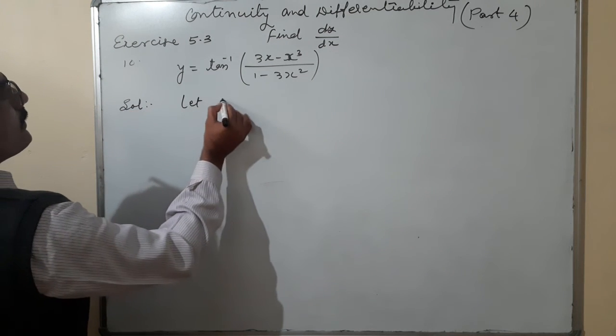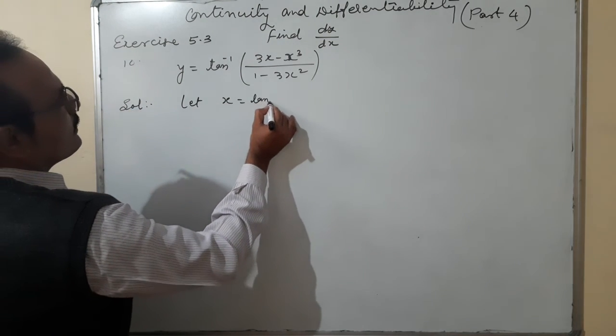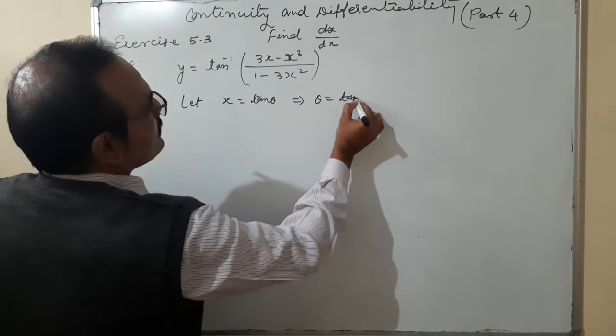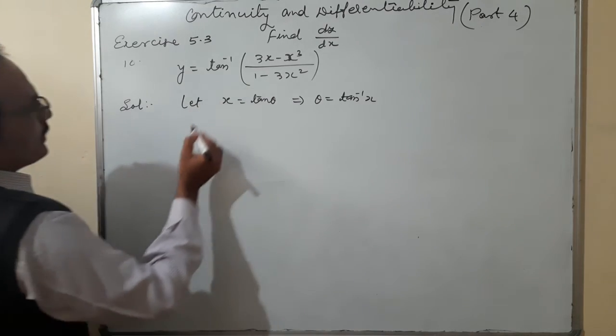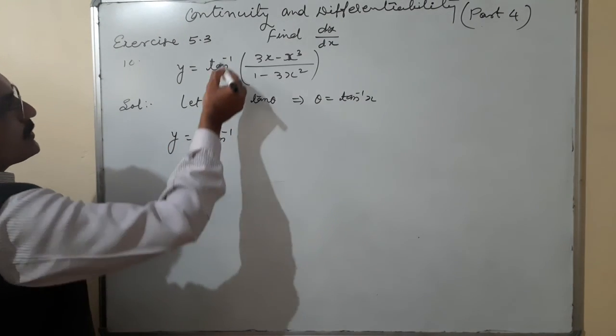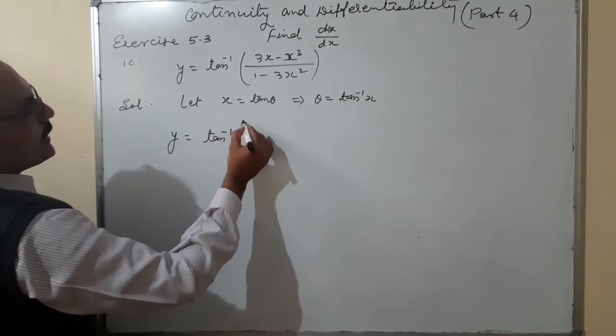Let x is equal to tan theta. This means theta is equal to tan inverse x. Okay. Replace the value, y is equal to tan inverse, because first of all we have to remove this tan inverse term.